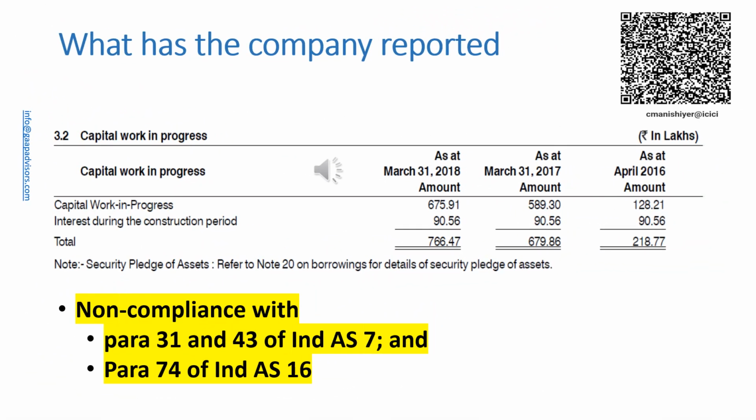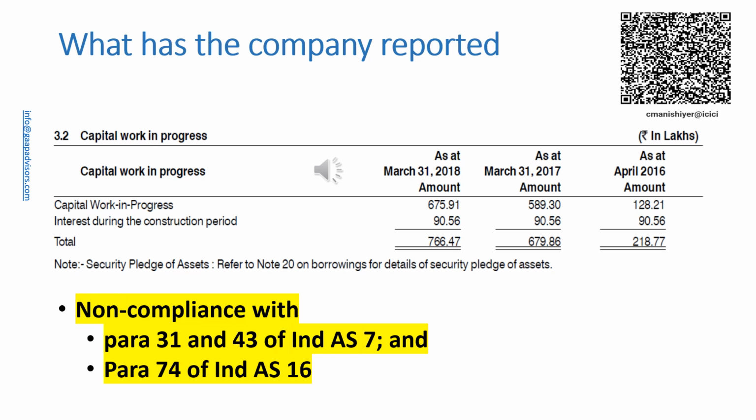Having read the note on inclusion of movements of capital WIP in purchase of fixed assets, let us see what the company has reported in the note on capital WIP. The company has reported interest during the construction period separately. The interest capitalized could have been paid.